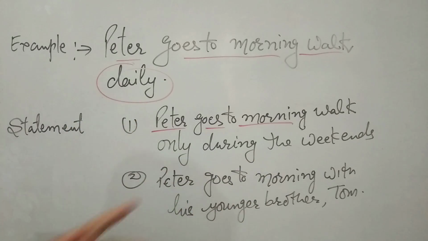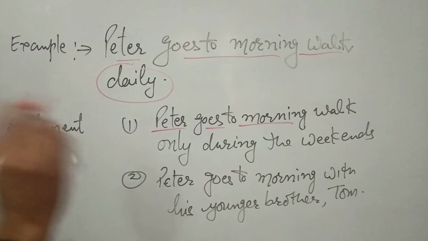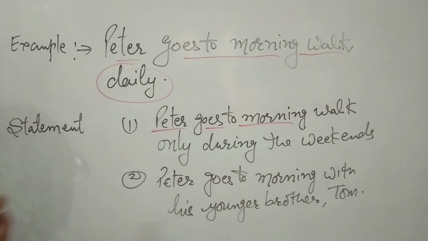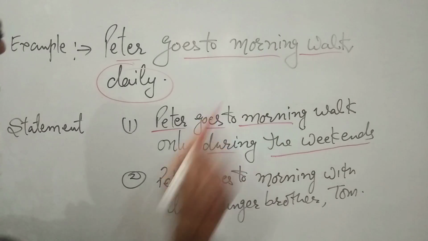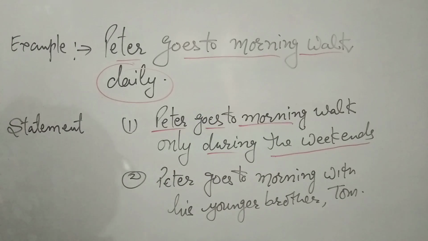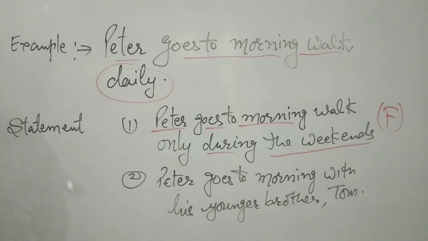It says that Peter goes to walk only Saturday, Sunday, and the example says every morning of the week, means he goes to walk daily. So our statement does not match. The answer will be false, because our statement contradicts the example.